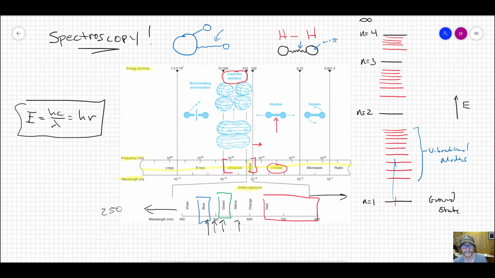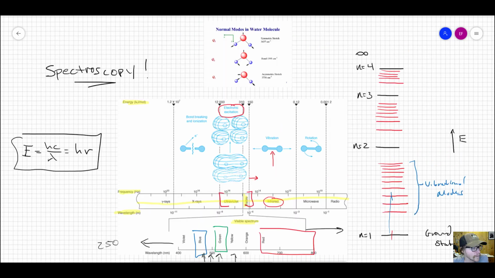This thing can vibrate. Let me erase some of this really quick and I'll show you. So for something like water, I just pasted in what we call the normal modes of water. These are the different types of vibrations that the molecule can have. You can see that the central red atom is oxygen, and the blue atoms, the peripherals, are hydrogen.